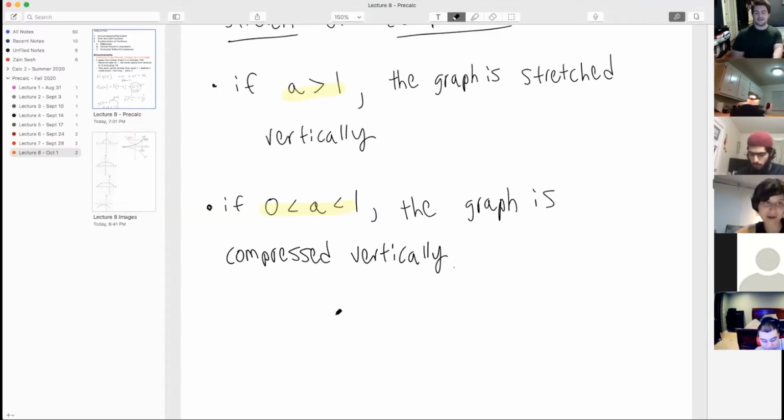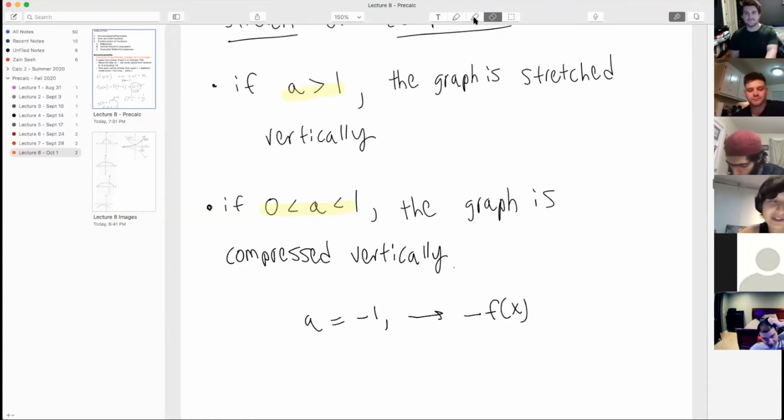Just want to make sure it's not some crazy other thing. So in the special case that a is -1, you get negative f of x, which from earlier is just a reflection. Exactly. Okay, perfect. Thank you. Of course.